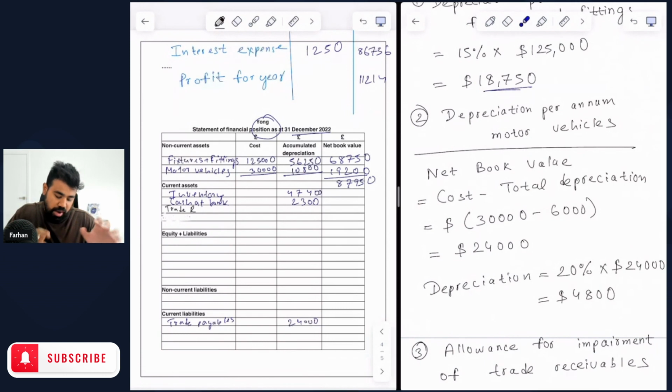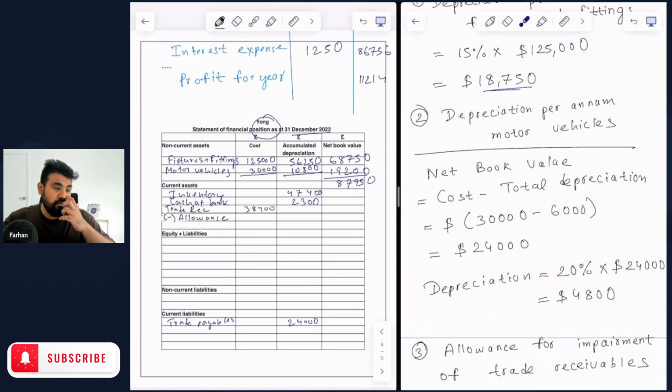So we start with trade receivables. I'm just going to write trade rec in short. Make sure to write the full word in the exam. So trade receivables is 38,400, and we subtract the allowance. Make sure to write allowance for impairment of trade receivables, the entire thing. I'm just writing allowance because of the lack of space that I have.